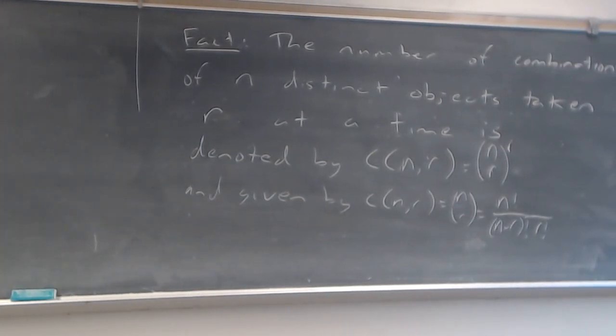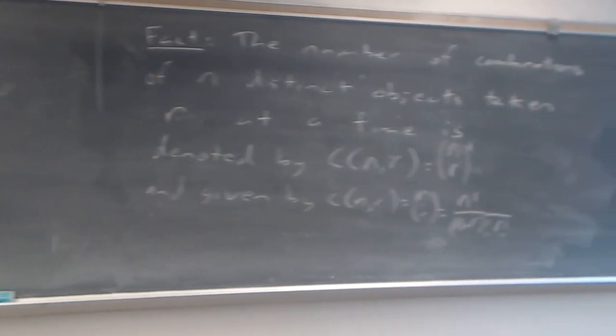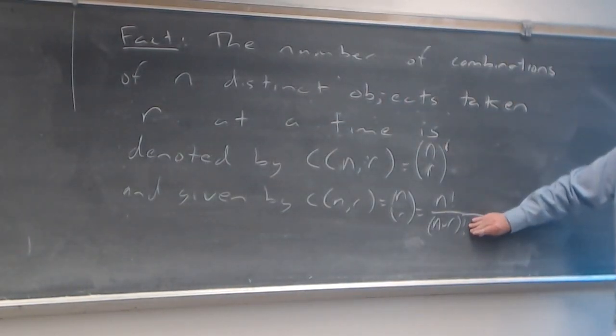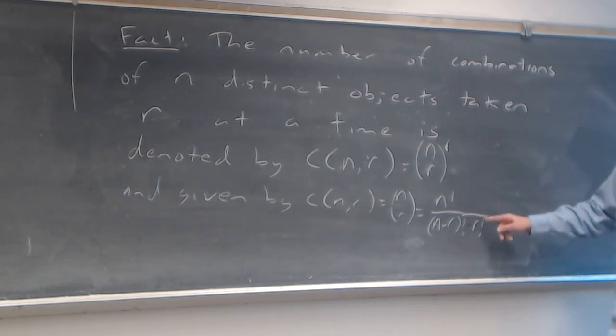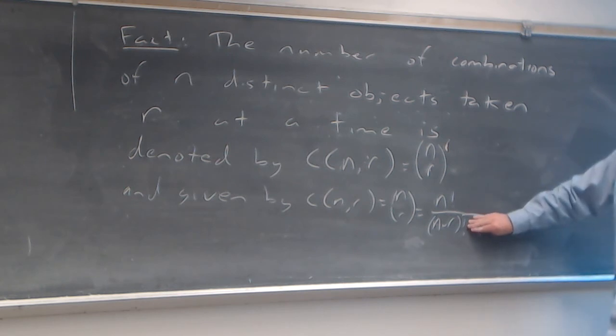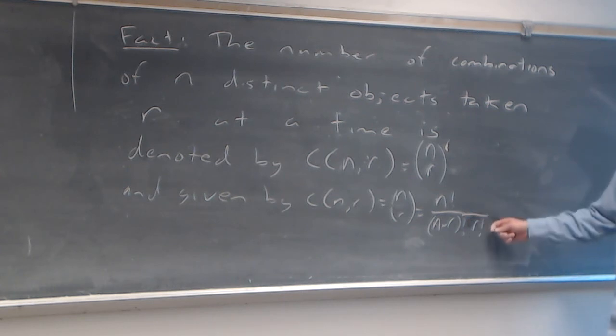In particular, the permutations would just be this number, but we have R factorial too many permutations, because once you get the R objects involved, with permutations, you can permute them in whatever order you want. As long as they're in a different ordering, that creates a new permutation, where we don't want to have that many in combinations, because one representation of that collection represents all of them in combinations.